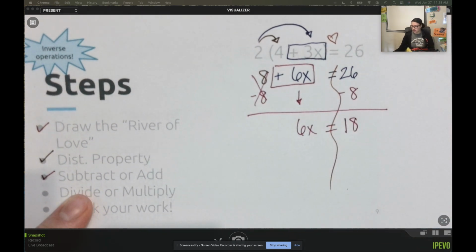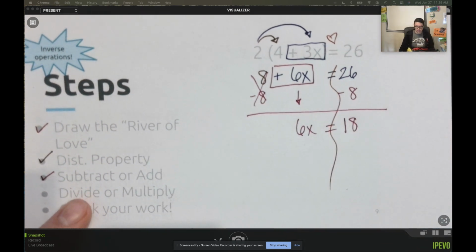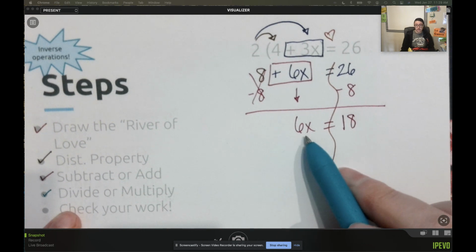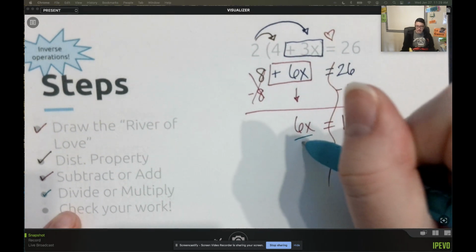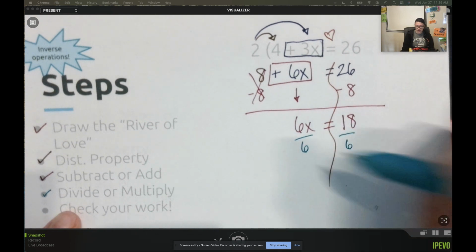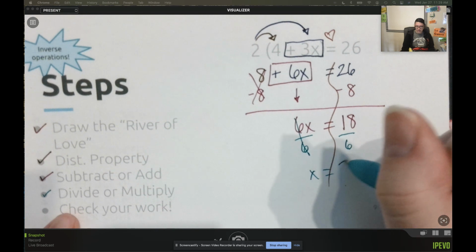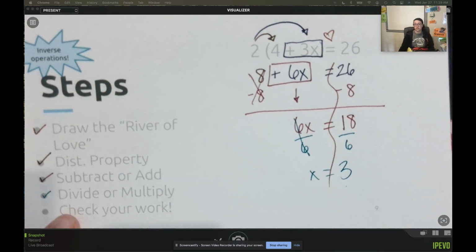Use your calculator if you need to. No shame in the calculator game. Now we divide or multiply. Side by side means multiply. So the inverse, the opposite, would be to divide both sides by 6. 18 divided by 6 gives me 3.